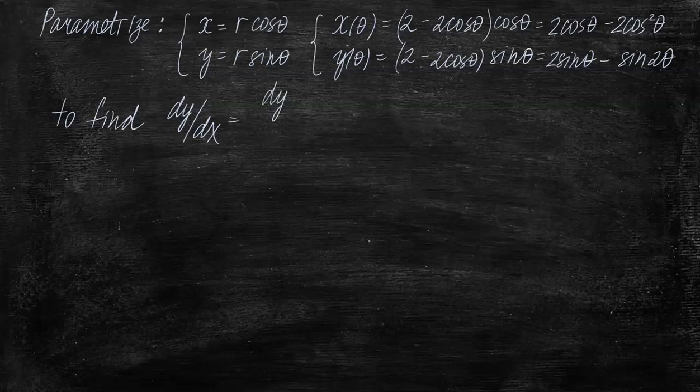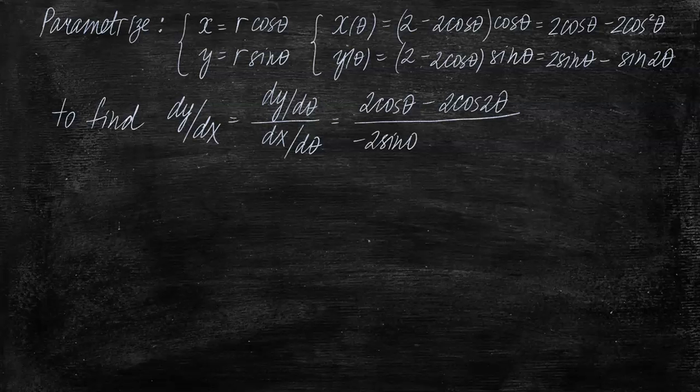We take dy/d-theta divided by dx/d-theta. All we need to do is differentiate y with respect to theta: 2 cosine theta minus 2 cosine 2 theta, and divide it all by the derivative of x with respect to theta: negative 2 sine theta minus 4 cosine theta times the negative sine theta, so it looks like this.